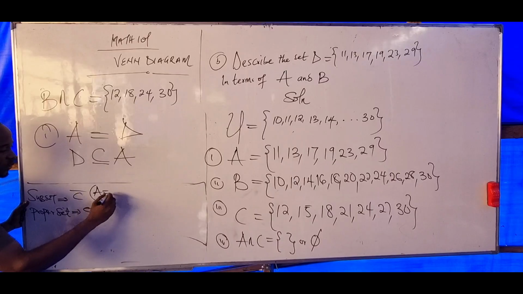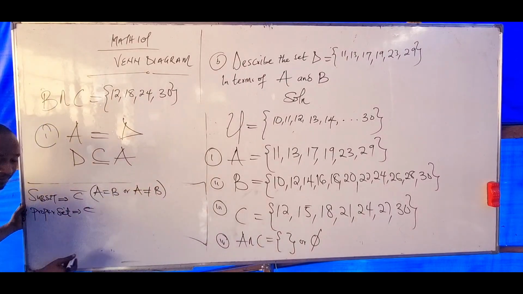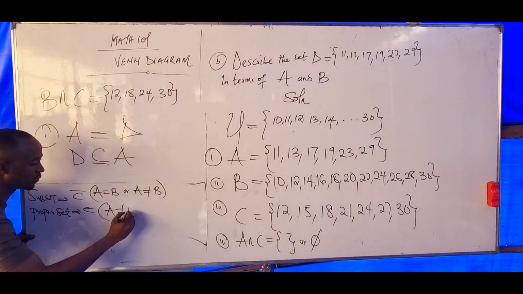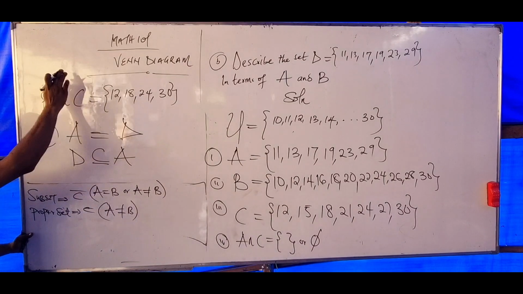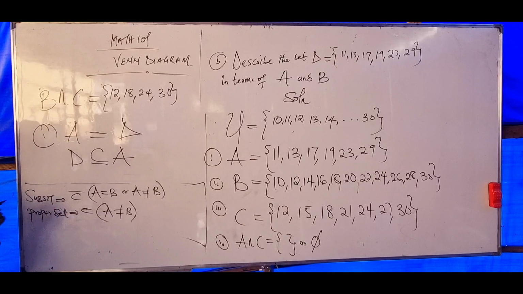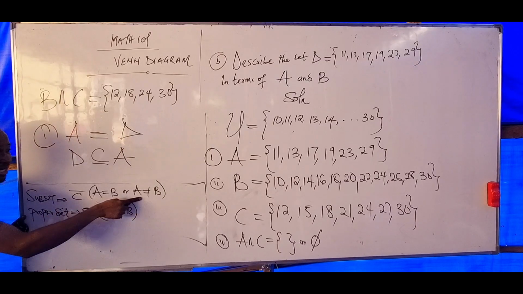Either A is equal to B, or A is not equal to B. In my first class, go and watch my video on sets on YouTube. I explain it in detail in my YouTube video. Listen. If there's a subset, either A is equal to B or A is not equal to B.